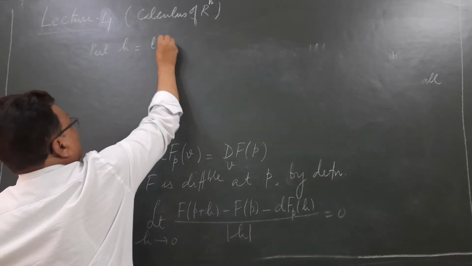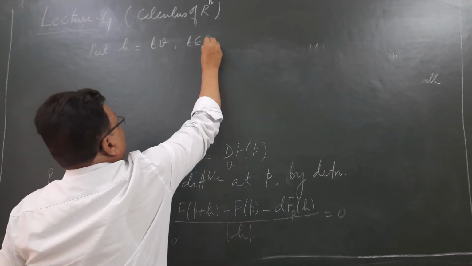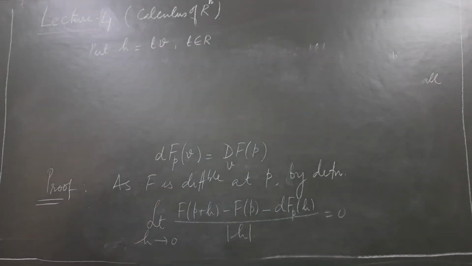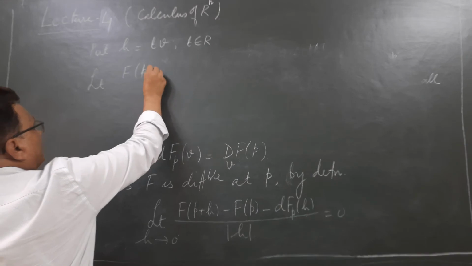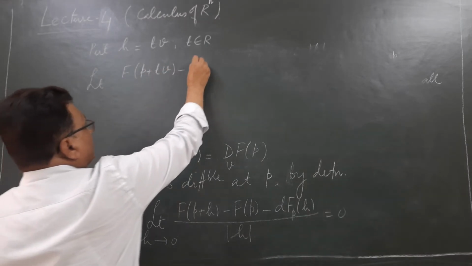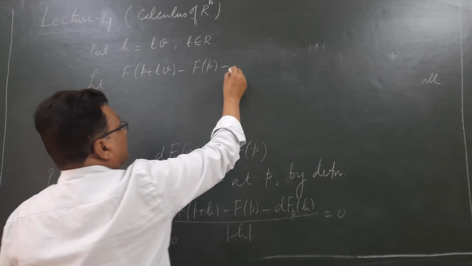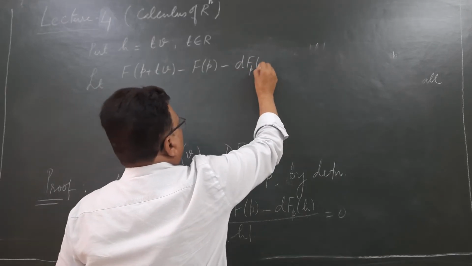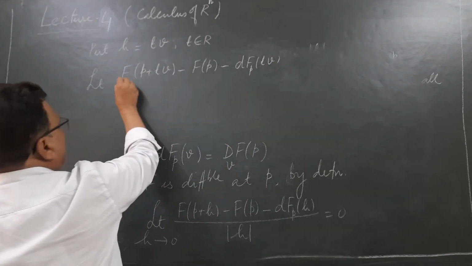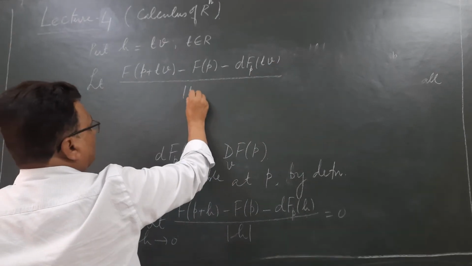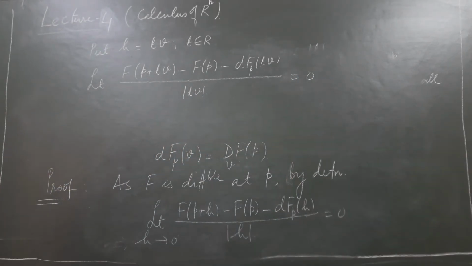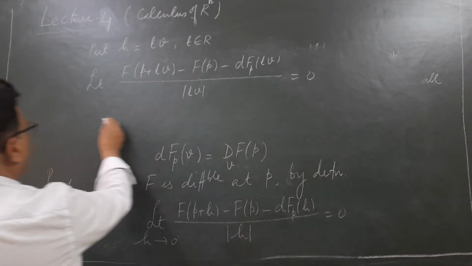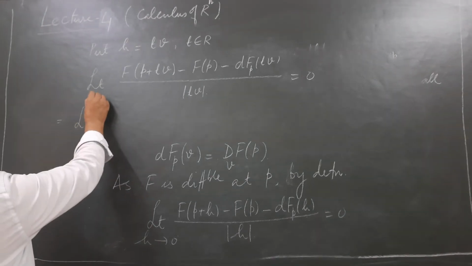So I will put h equal to t times v, where t is a scalar. Okay, so if I put h equal to tv in here, this expression will become f(p+tv) minus f(p) minus df_p(tv) upon modulus of tv equal to 0. Now I can rewrite it as a limit.